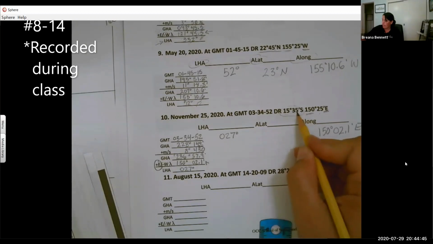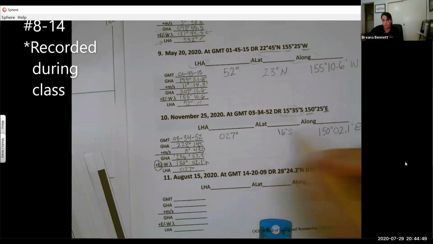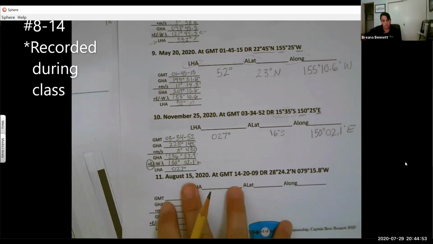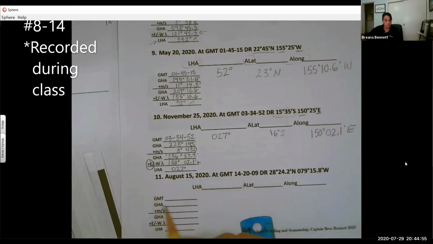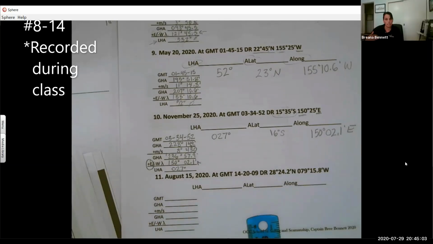So 35, we're going to round up to 16 degrees south. Any questions on the east and how we got an assumed position using east? Okay.